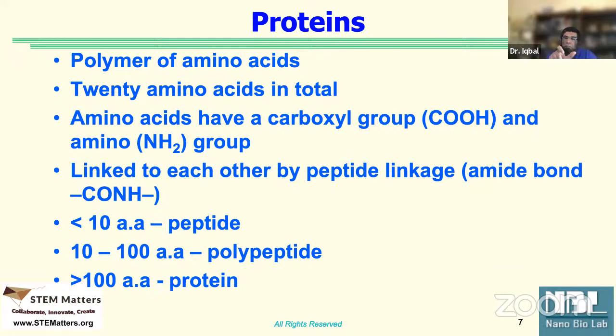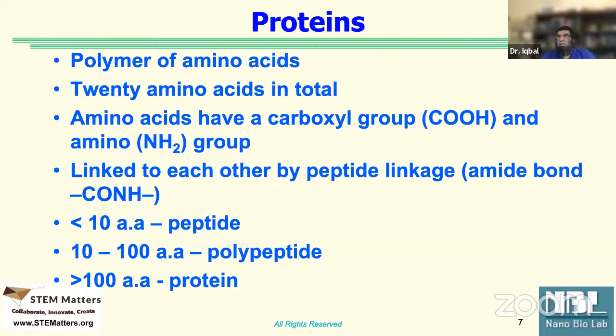So if you ever see the word peptide, you would know that this bond is the peptide link. And in literature, we have a nomenclature that if we are using less than 10 amino acids, we call it a peptide. It's a protein, but depending on the size, we call it a peptide. If it's 10 to 100, we call it a polypeptide, but greater than 100 is what falls into a protein.